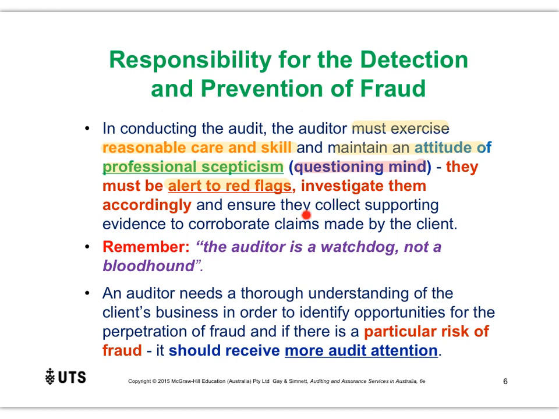We need to collect sufficient evidence to corroborate claims made by the client. I mentioned this in class, and I mentioned this in a previous video as well. We can't just take the client's word. We can't just believe everything that they tell us. We must corroborate those claims by getting supporting documentation as evidence to back up the claims that are being made by management or the client.